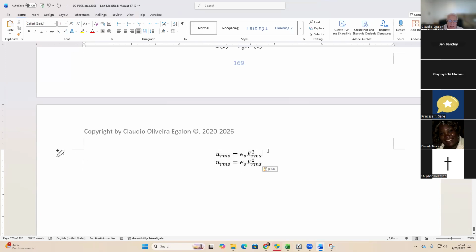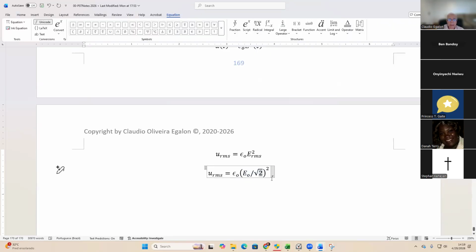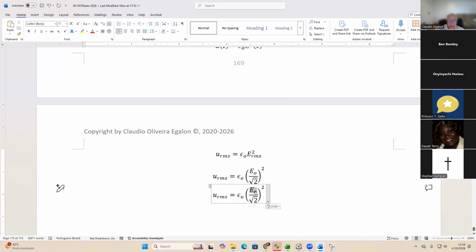The root mean square value is E naught squared, and that's 2 divided by 2.